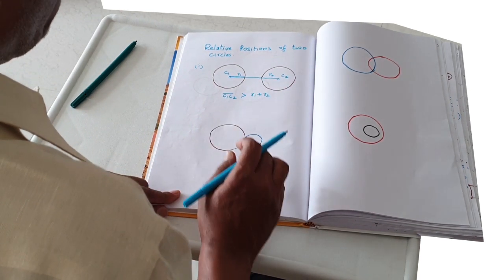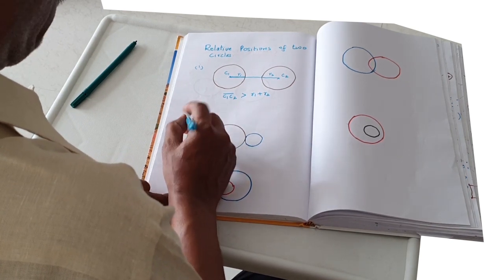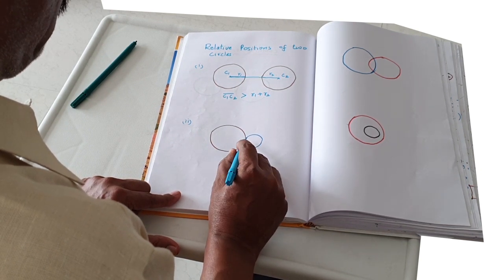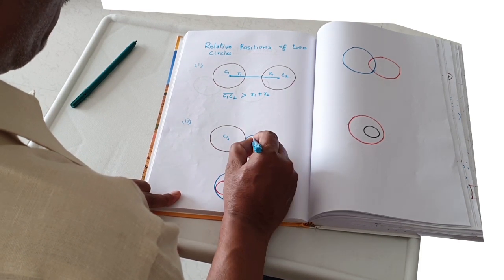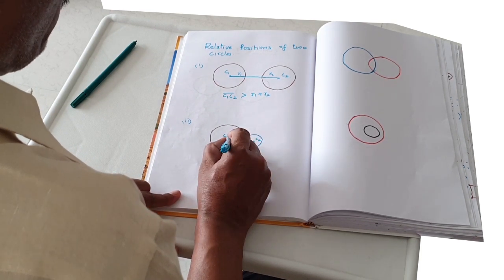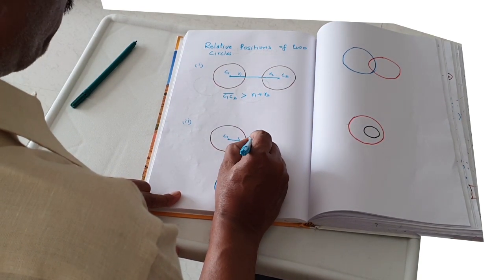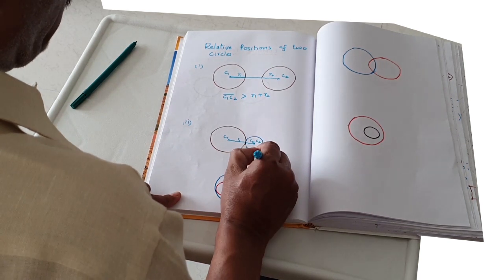In case 2, you observe here, the two circles touch each other on the outside. Say this one is C1 and this is C2, and this one is R1 and this one is R2. See here C1 C2 is equal to R1 plus R2.